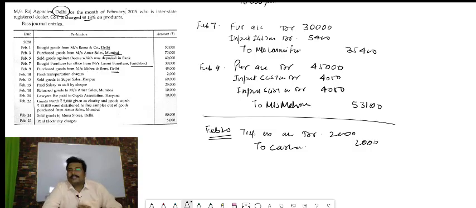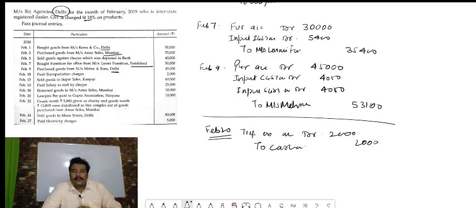If we purchase or sell within a state, like suppose I'm from Delhi and I'm purchasing and selling in Delhi, then it will be CGST and SGST. But at the same time, it should be clear also that if the transaction, whether it is purchase or sales, is outside of the state, it means in another state, then IGST will be charged.